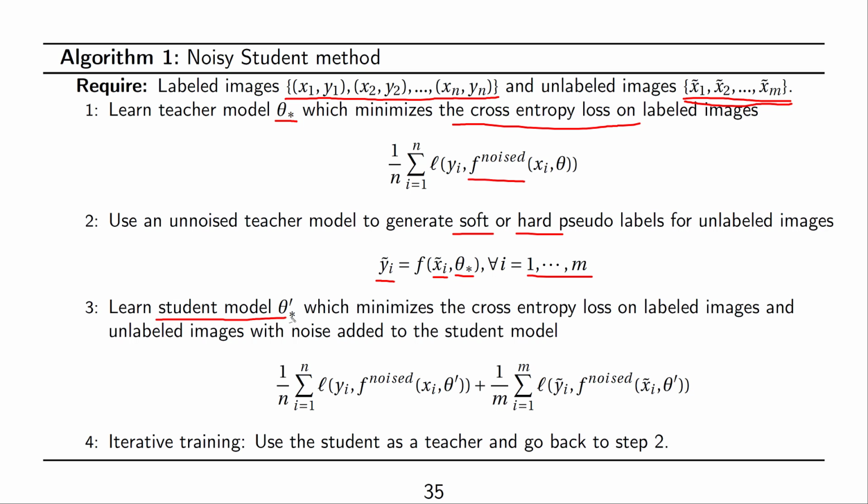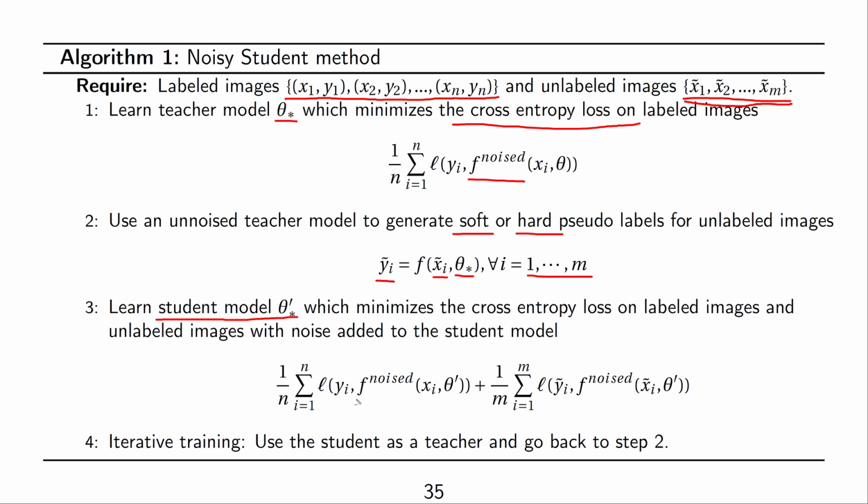Third, we're going to learn a student model, theta star prime, and we're going to train this on the original labeled dataset ImageNet and also on this other very large dataset. But for this very large dataset, we now use the pseudo-labels that were generated in step 2.